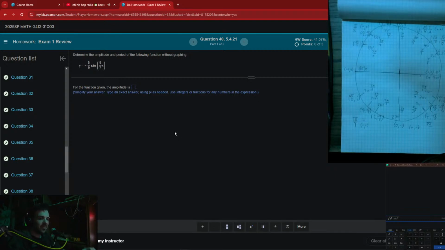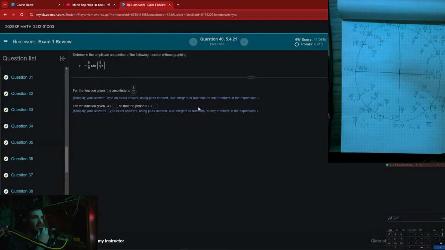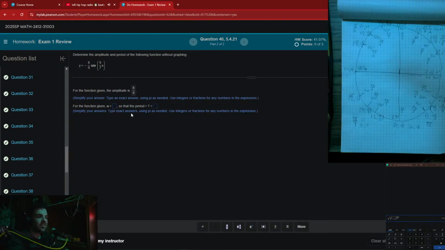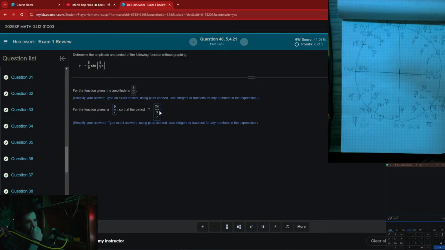Amplitude? The sine function? Absolute value of A? Good. W is 9/7, which makes omega, so that makes 2 pi over 9. I have to simplify that a little bit, I think.